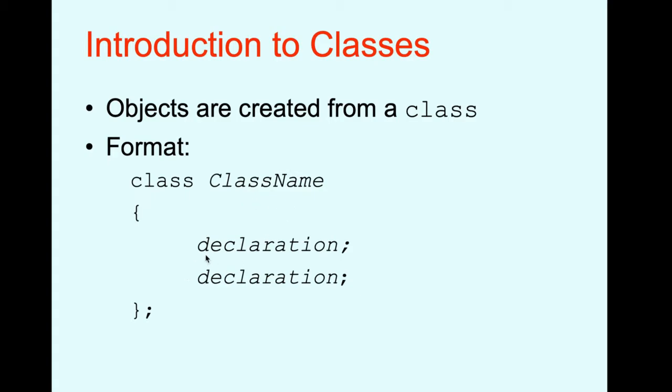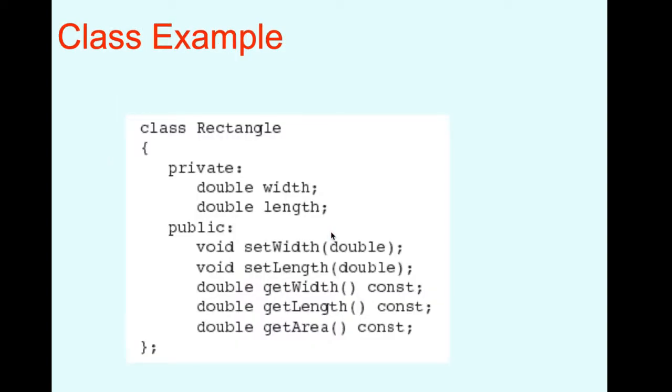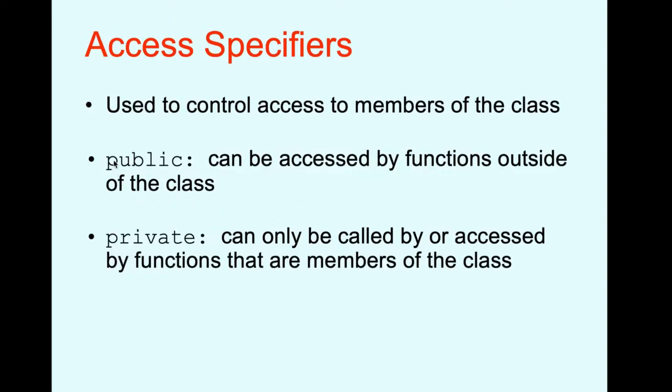Then there will be two curly braces, and at the end a semicolon. Inside these two curly braces will be the properties and the functions of the class, like this one. The access specifiers mean how to use the private keyword, the protected keyword, and the public keyword.